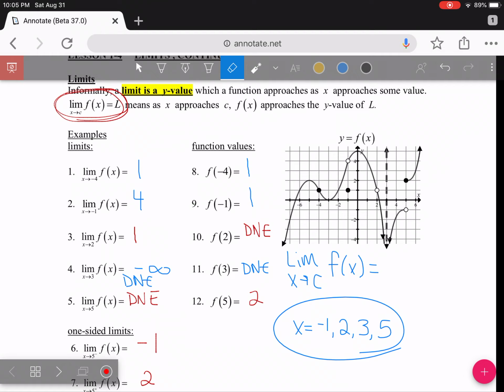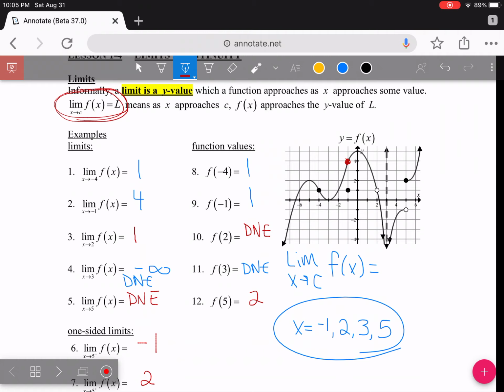Okay, and then the third type of discontinuity is called removable discontinuity. And basically what that means is if I could fill in that point right there, that would remove the discontinuity. So basically it's just a hole in the graph. Removable discontinuities are mostly defined as a hole, but the official term would be a removable discontinuity.